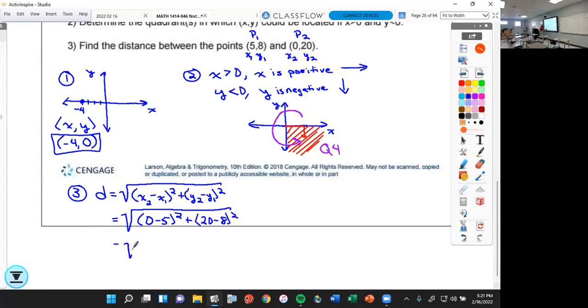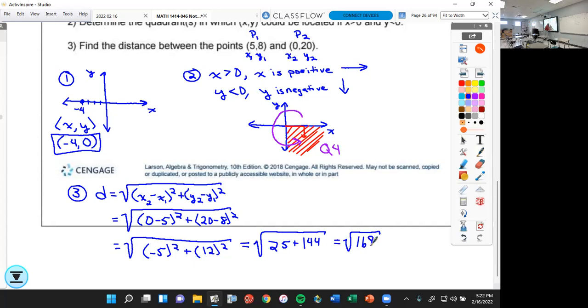That gives me the square root of 0 minus 5 would be -5 squared plus 20 minus 8 would be 12 squared, which means the distance is the square root of -5 times -5 is 25 plus 12 squared is 144, which is the square root of 169.